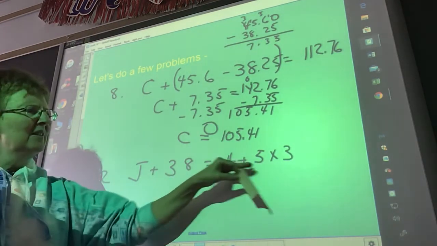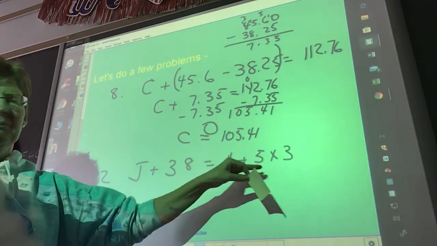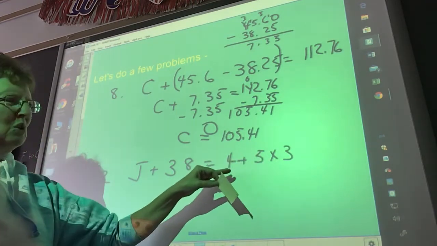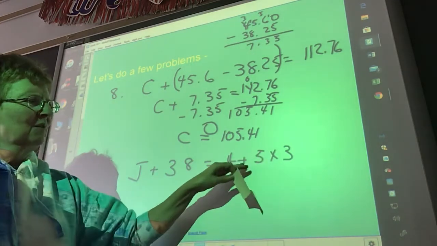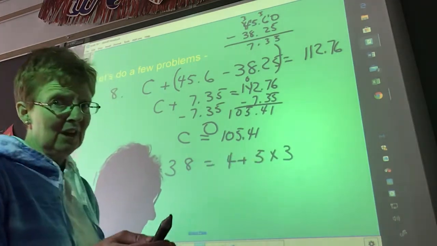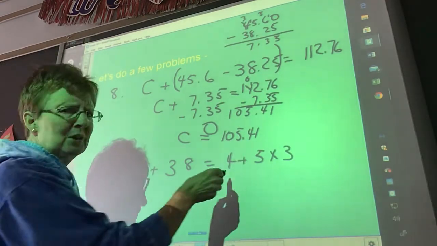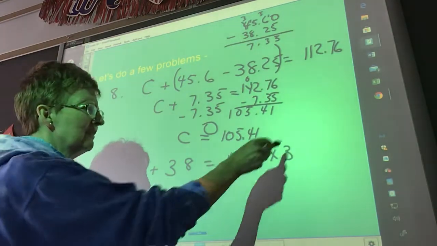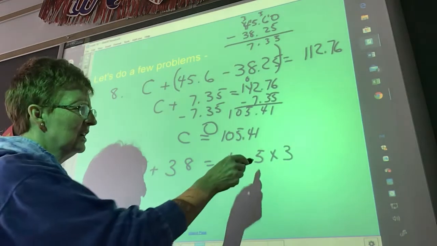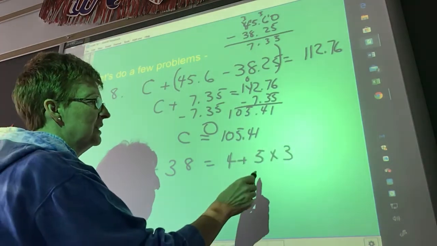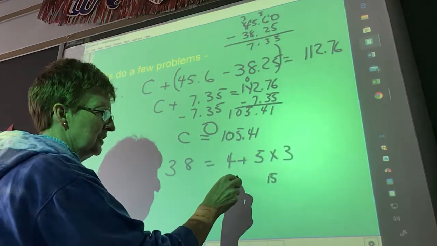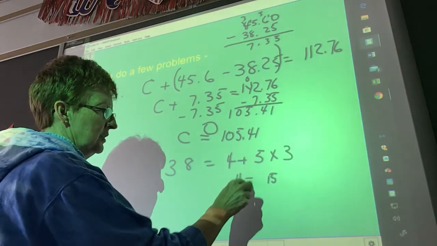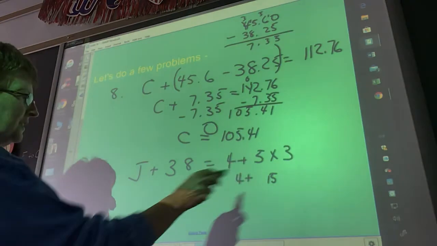But if I look on this side of the equation, I see some math here that I can actually do before I get rid of this 38. So I'm going to do this first, and we have to follow the order of operations. Over here I have multiplication and addition. We have to do the multiplication part first. So 5 times 3 is 15, and then I'm supposed to add 4 to that. So 4 plus 15 is 19.